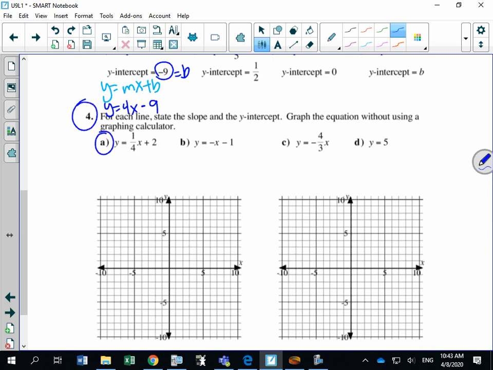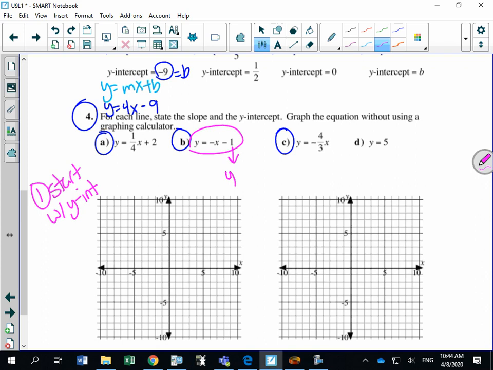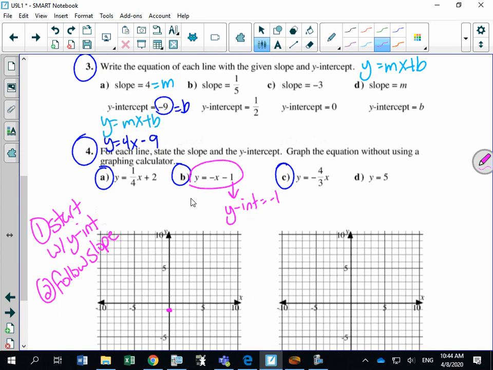Circle number 4, A, B, C. You're graphing. Remember, for graphing, you start with the y-intercept. So if I was to do B, the y-intercept is negative 1. Then you follow the slope. So for B, what's the slope? Negative x. What does that mean? That negative is a negative 1.